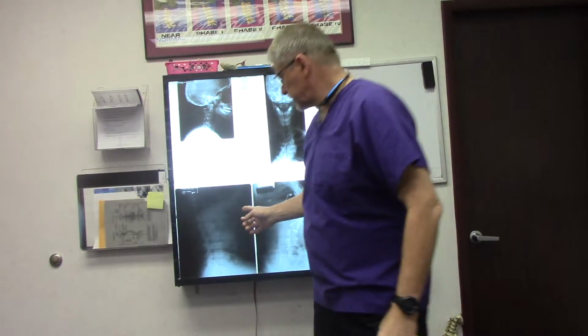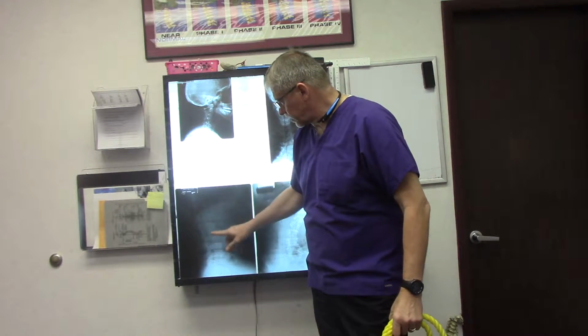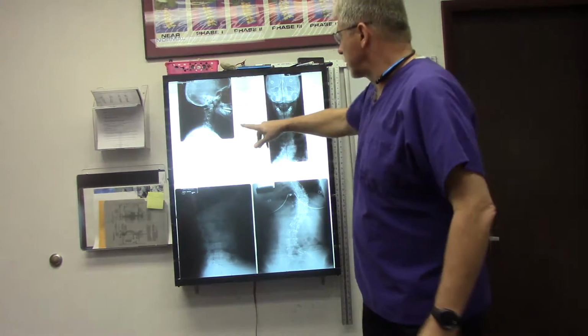It's the secret sauce. We have to put these curves back in. Notice how we have a curve here, but this curve is actually reversed. So we take that curve and put it back in. We put the curve back in the neck.